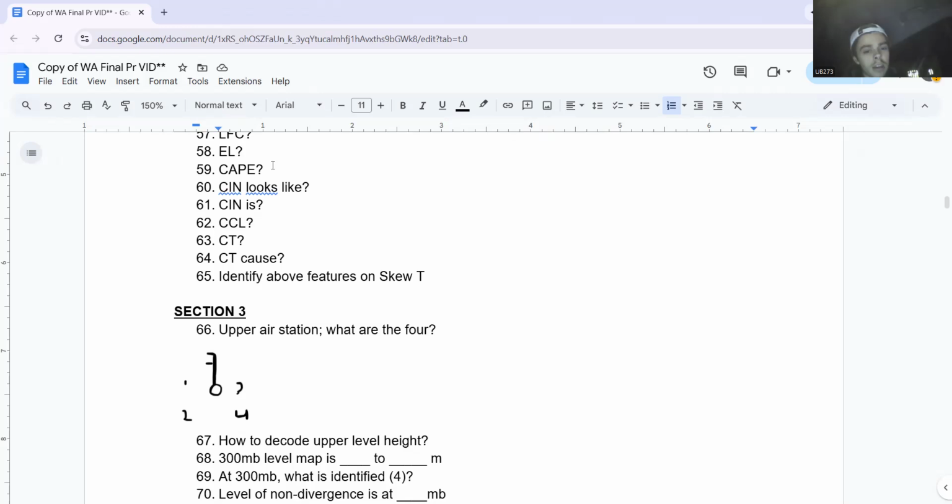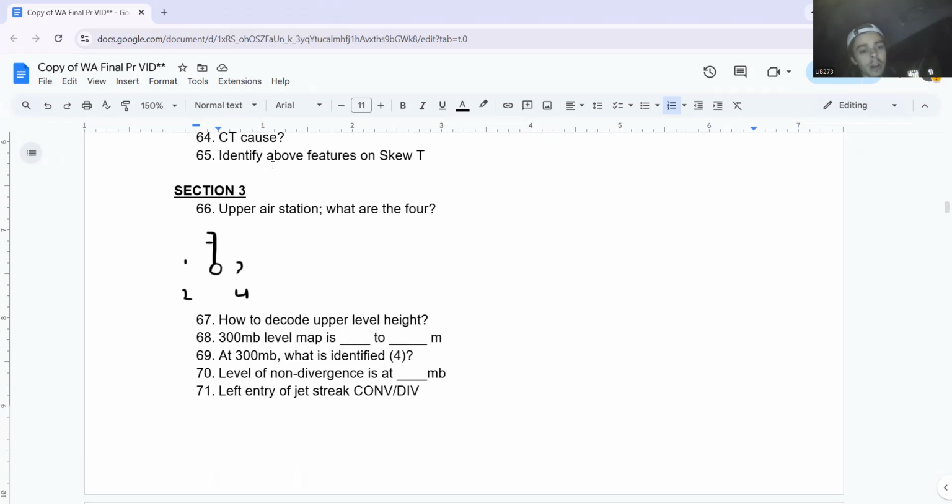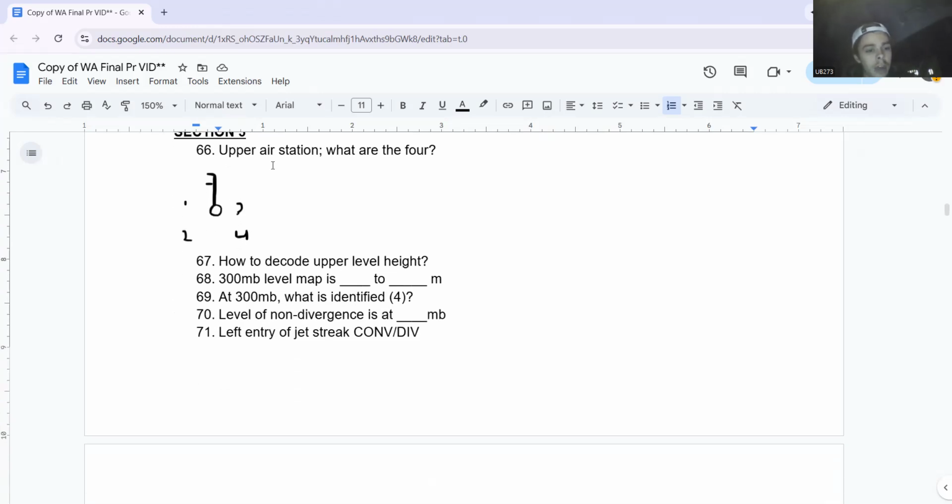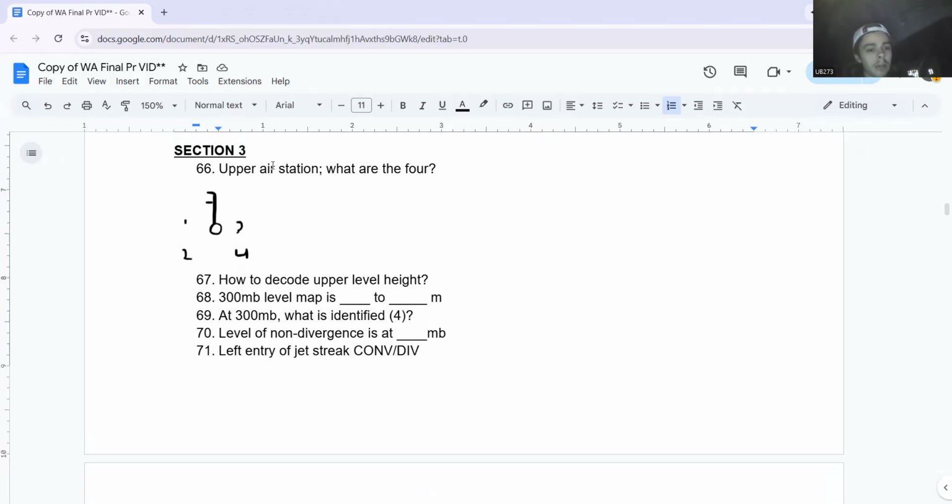Be able to identify the features on the SkewT. We'll do that a little bit later. All right, so now for an upper level plot, what are the different things? This once again would mean that the wind is coming from the north.